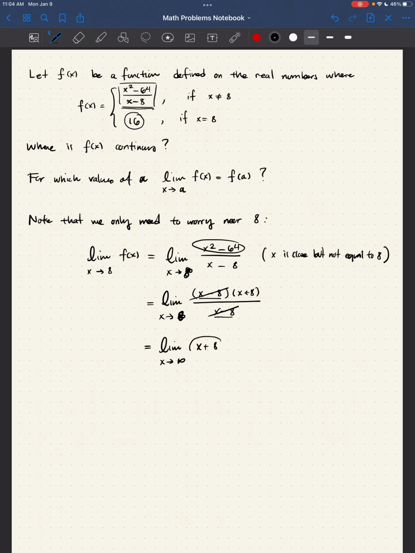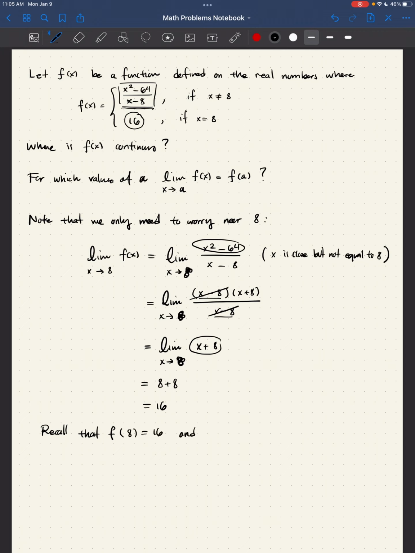Now, this expression defines a continuous function. So this one being continuous, all that I have to do is evaluation. So this is 8 plus 8, which is 16. But recall that f evaluated at 8 is exactly 16.